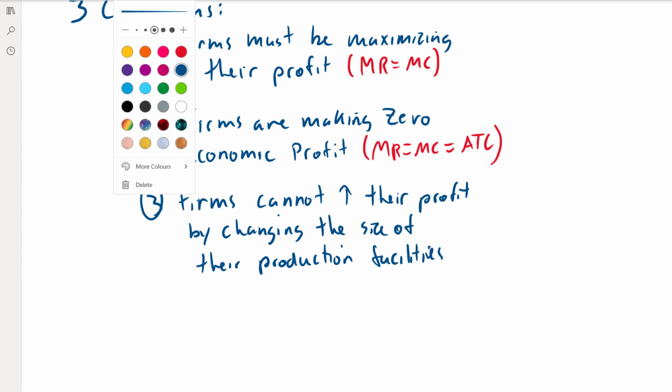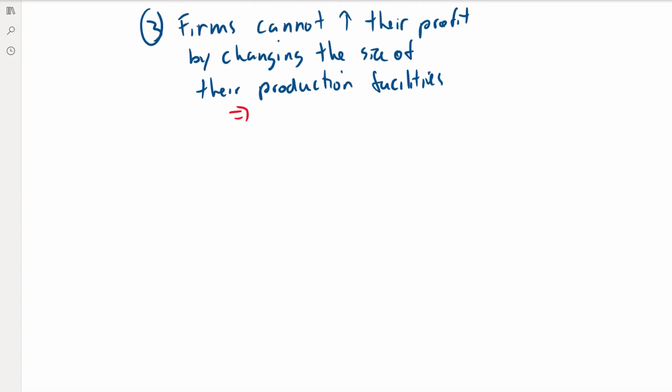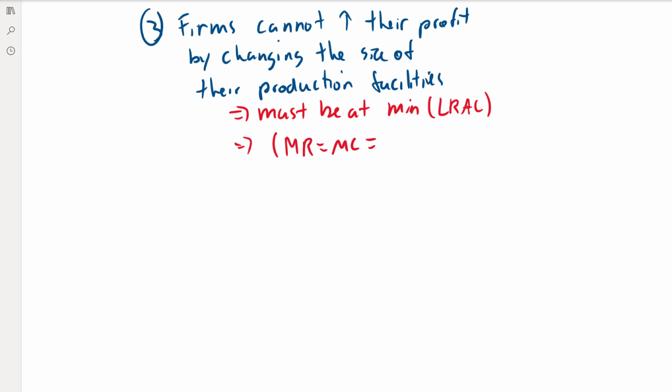And this is essentially saying that we must be at the minimum point of our long run average cost curve, which is essentially saying that now, putting these together, we need marginal revenue equals marginal cost equals this average total cost equals the minimum point of our long run average cost curve.